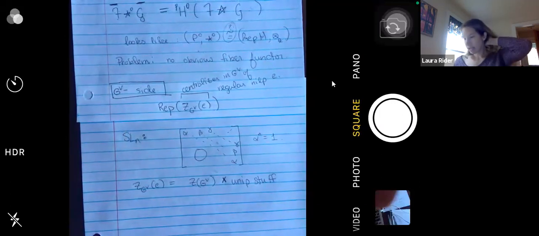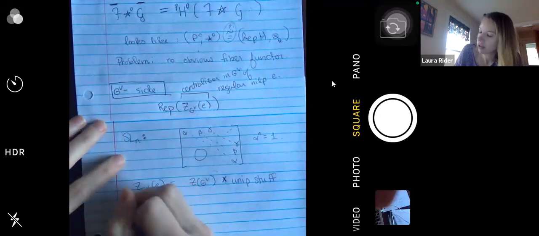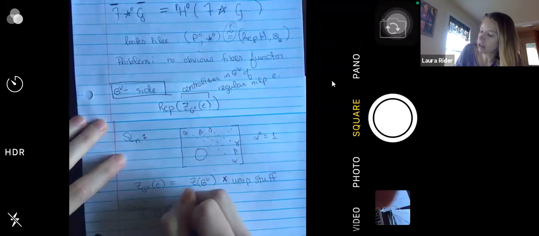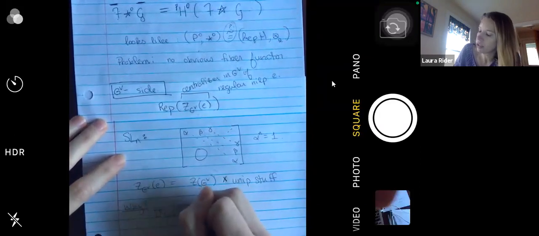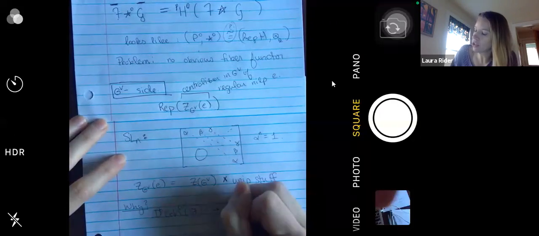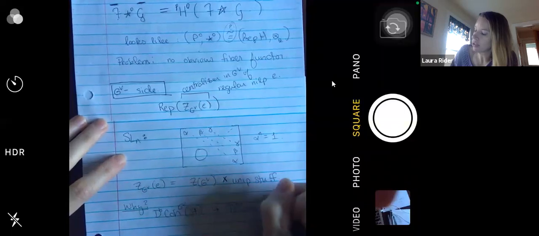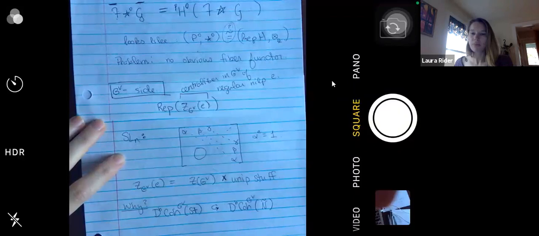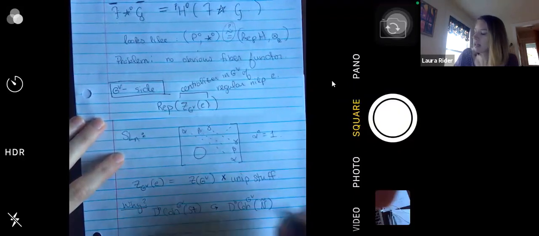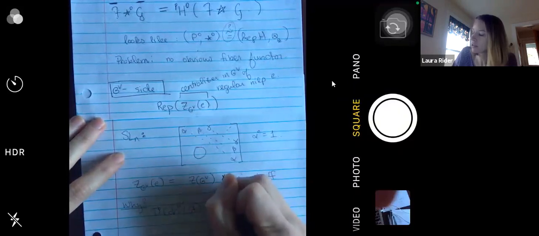All right, so how does this relate to our original category of coherent sheaves? I want to make a replacement. So instead of working with sheaves on the Steinberg variety, I want to simplify and work with sheaves on just the Springer resolution. And so this category, the affine Hecke category, acts on this category by convolution.